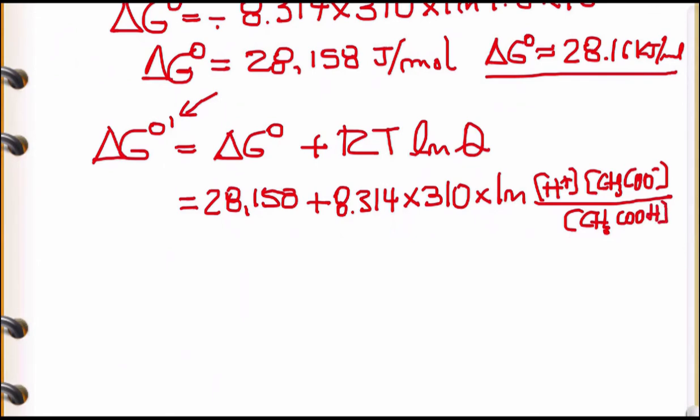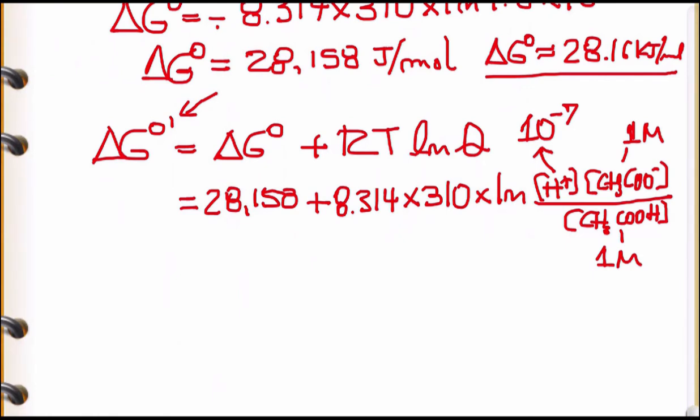This is 1 molar in standard condition, but in biochemical standard condition, the proton concentration is not 1 molar, it's 10 to the power of negative 7. That's what makes the difference.